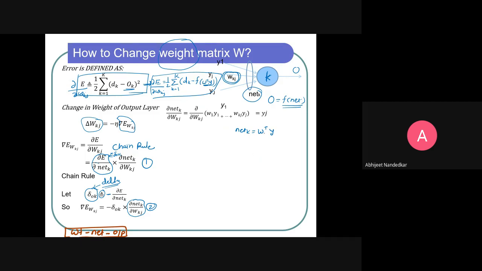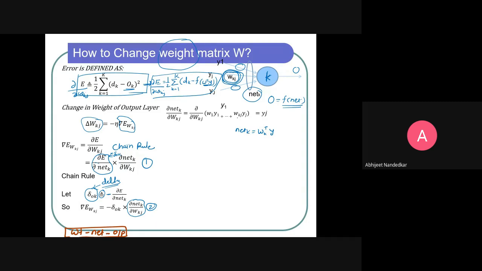Actually I should write W for the kth neuron; I can take that particular row of that W matrix. So if I differentiate with respect to this single weight W_kj, I have to remember I have to do this for each and every connection to find this delta signal.